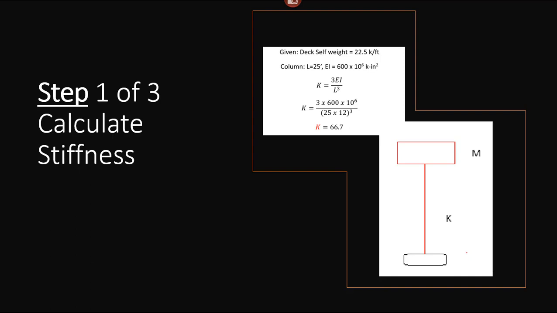So, given the deck self-weight, which is 22.5 kip per foot, and the column length of 25, and the EI, or the stiffness of the structure, is basically 600 times 10 to the power 6, we could calculate the K value, and the K value in this case is 66.7.